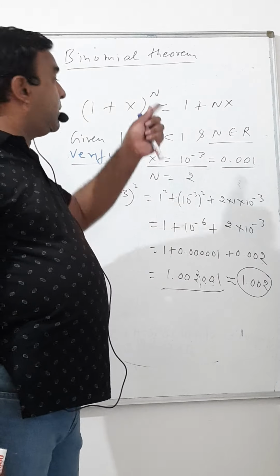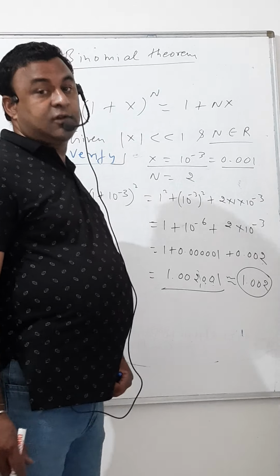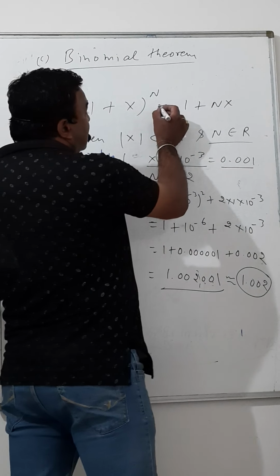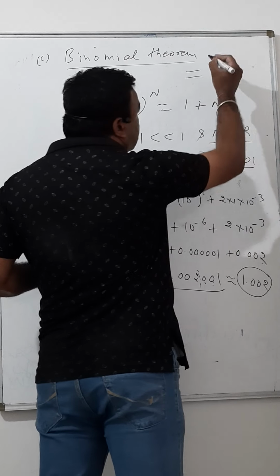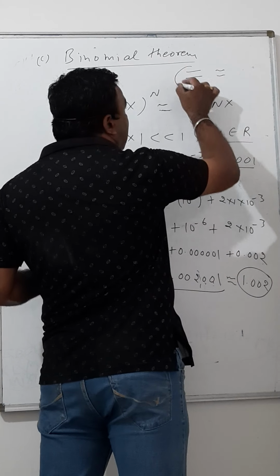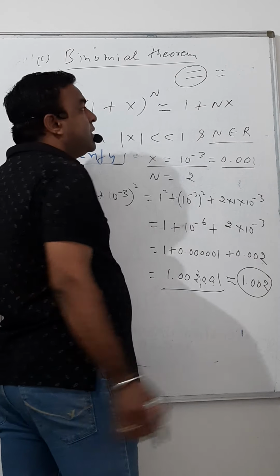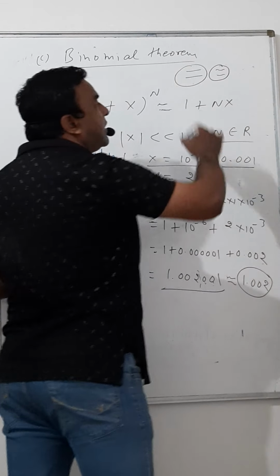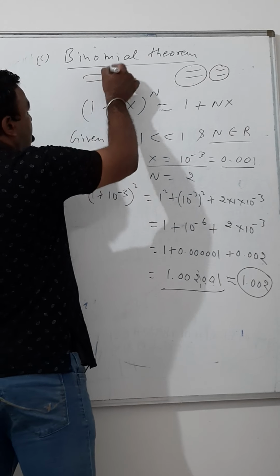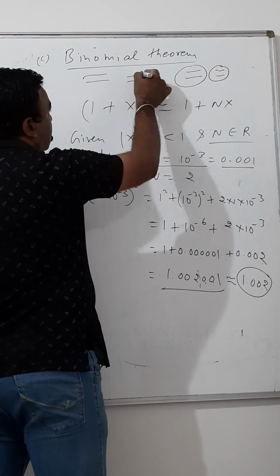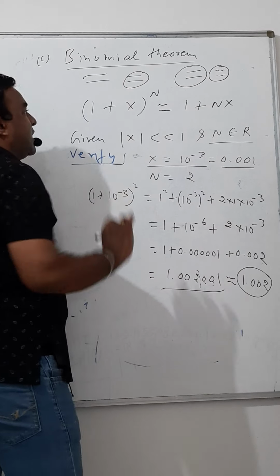Now let's take the help of the theorem. Is it true? Here the symbol I made was not this one, it is this one. This says exactly equal to, and this says approximately, very simple. Sometimes it's written this way also.